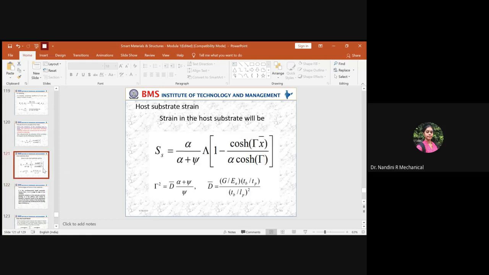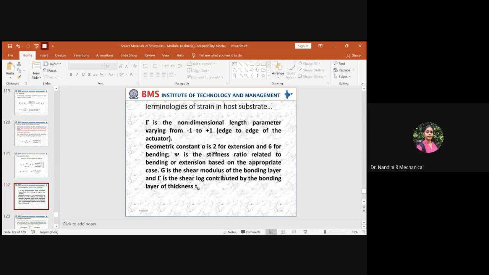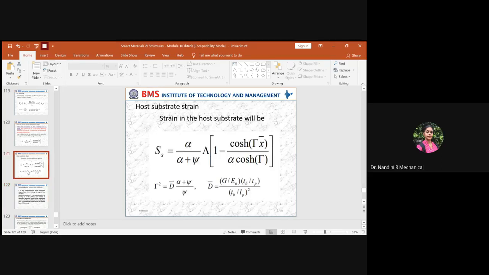And the letter G here, the letter G, is the shear modulus of the bonding layer. So you just need to know this equation. Don't worry about the derivation.